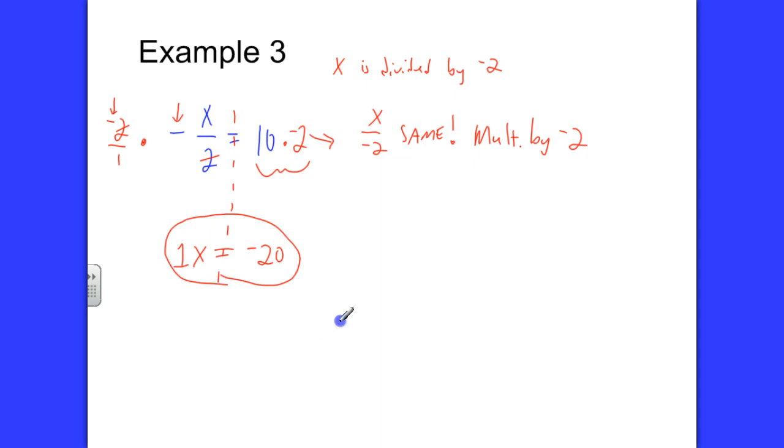Let's check it by replacing x with negative 20. Negative 20 over 2: a negative divided by a positive would be negative, so the negative sign makes it positive, and 20 divided by 2 is 10. And we have it. There's my answer, negative 20.